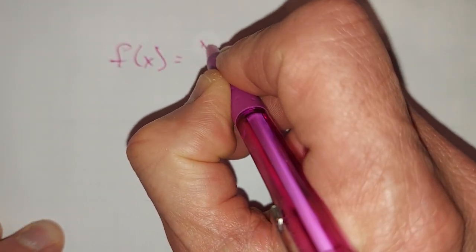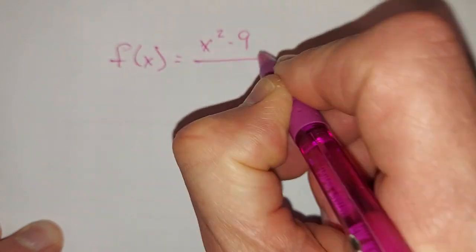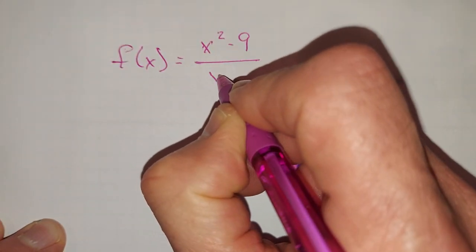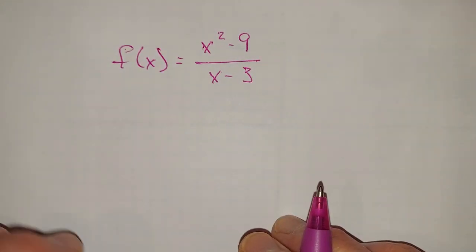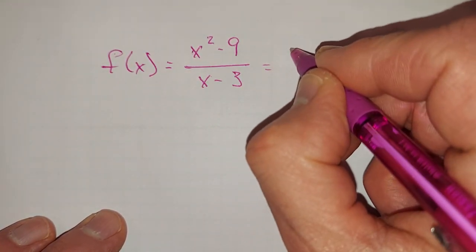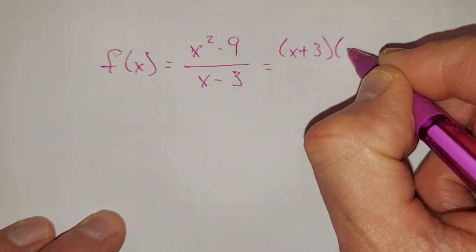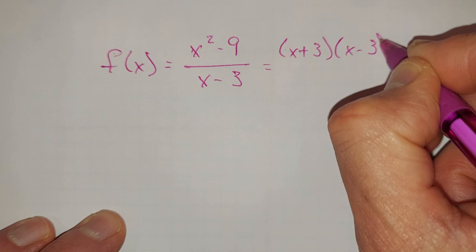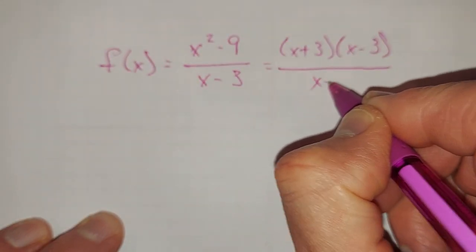Let's say we have f of x is equal to x squared minus 9 over x minus 3. Now we can factor the top into x plus 3 times x minus 3. All right, and that would be over x minus 3.